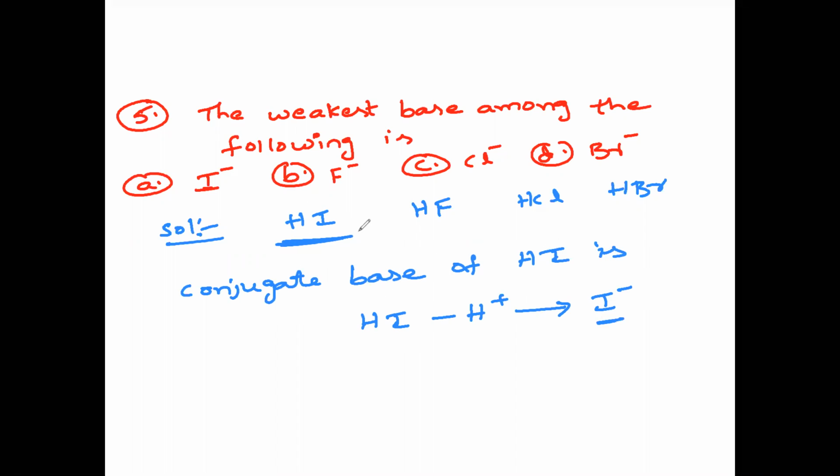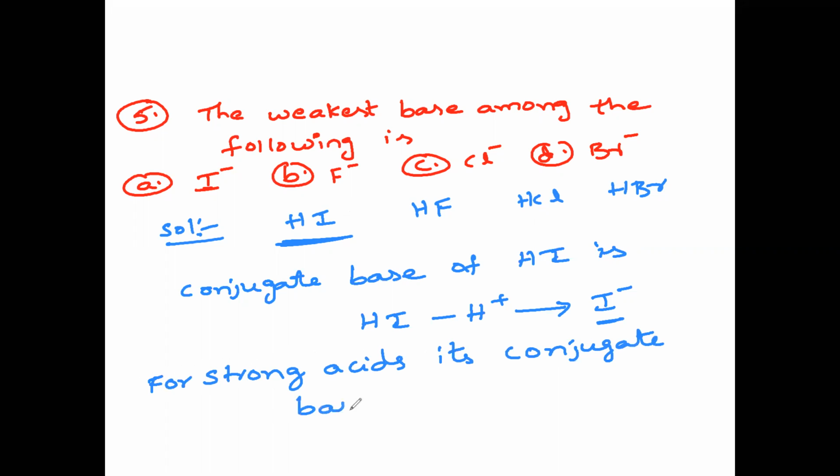Since hydrogen iodide is the strongest acid among hydroacids of halogens, its conjugate base will be weak. I write here, for strong acids, its conjugate base is weak.